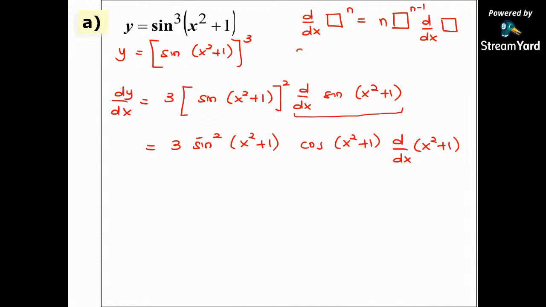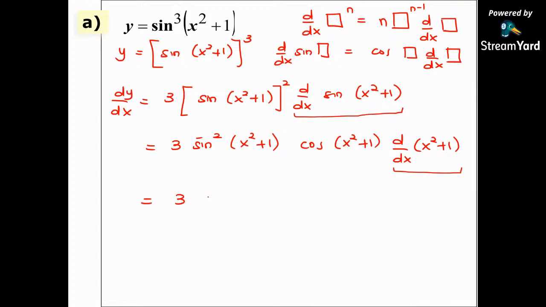Do remember, if we differentiate sine of something, it becomes cos of something, and then we differentiate that something. So differentiating x squared plus 1 simply gives us 2x.